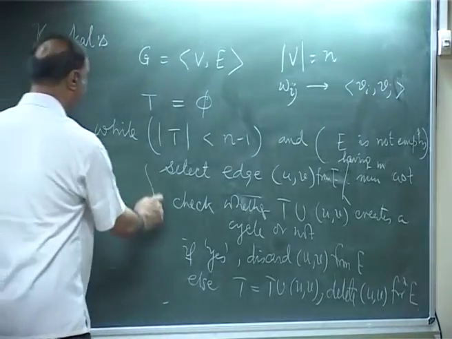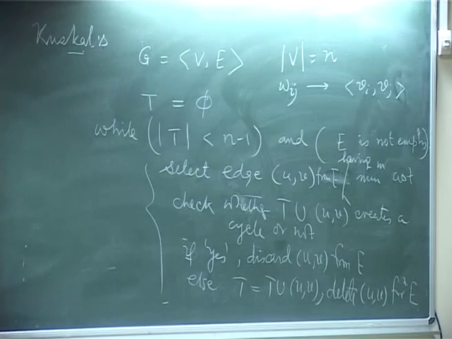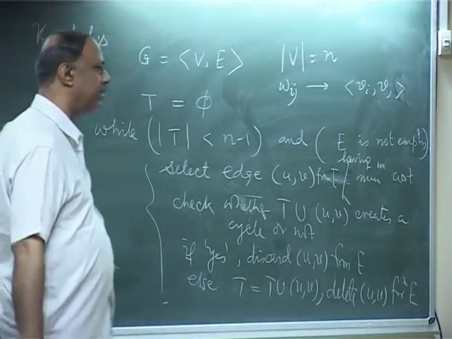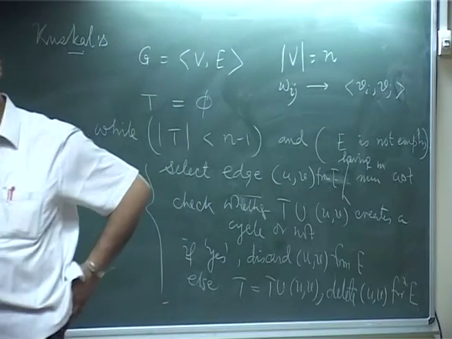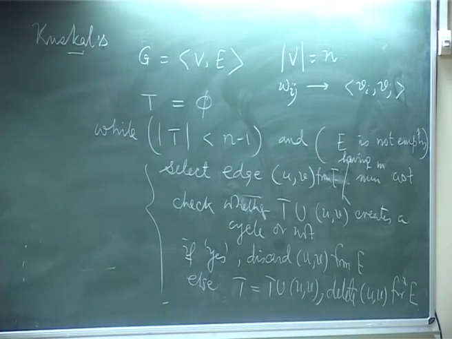So what it does: initially T is empty, while number of edges is less than n minus 1 and E is not empty, select an edge UV from E, that edge must have the minimum cost, and then you see if I add this one here in T, it should not create a cycle.